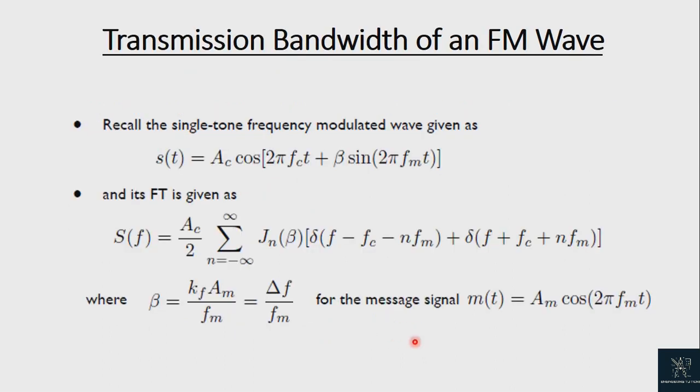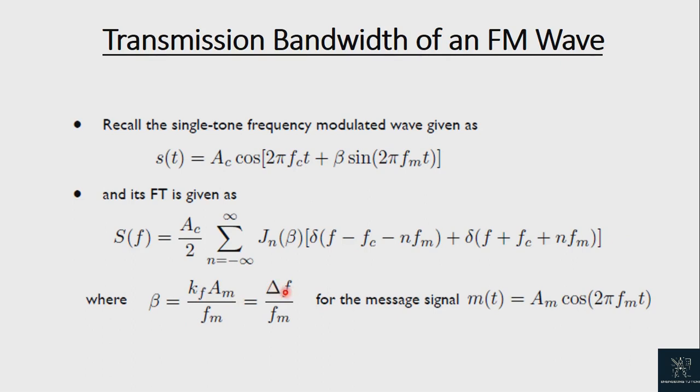Now transmission bandwidth of FM waves. Recall the single tone frequency modulated wave given as s(t) is equal to A_c into cos[2 pi f_c t plus beta into sin 2 pi f_m t], and its Fourier transform is given as S(f) is equal to A_c upon 2 into summation from n equal minus infinity to infinity J_n(beta) into [delta(f minus f_c minus n f_m) plus delta(f plus f_c plus n f_m)], where the modulation index beta is equal to k_f A_m upon f_m, where k_f into A_m is the frequency deviation.